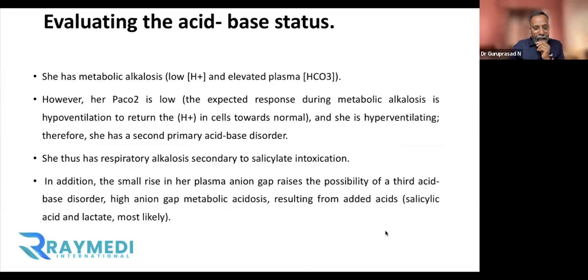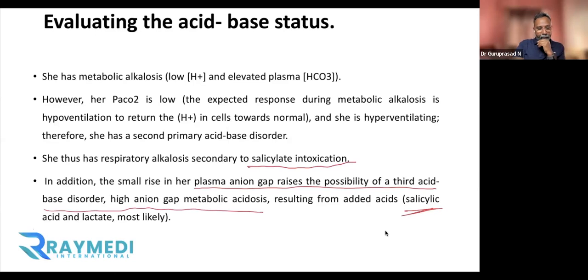Now looking at the acid-base disorder, she has metabolic alkalosis, which is shown because the bicarb is 30. However, her PCO2 is also low, so she is hyperventilating for some reason, probably because of her salicylate intoxication. In addition, there is a small rise in anion gap, and there is a third acid-base disorder because of the salicylic acid.